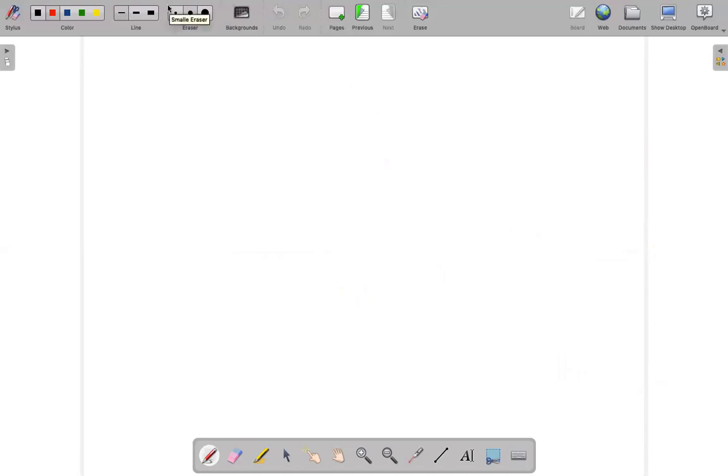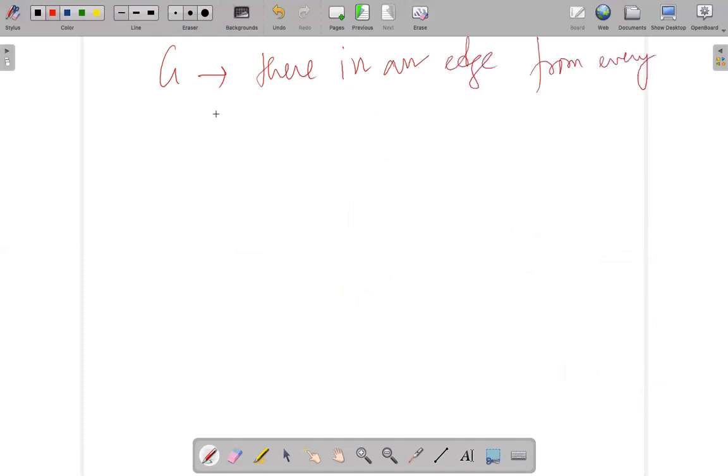Let us say that you have a graph G where there is an edge from every vertex to every other vertex.